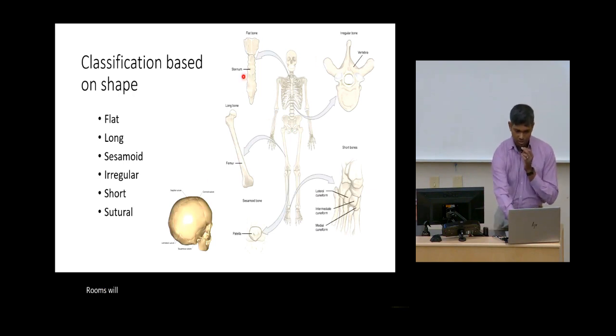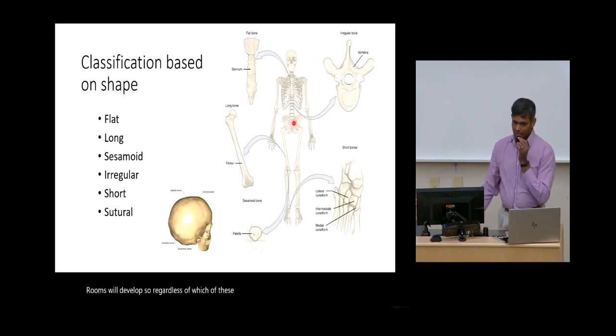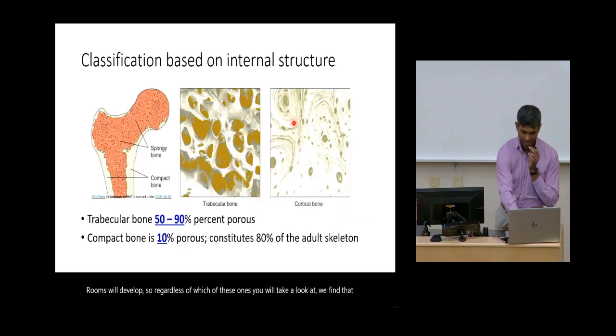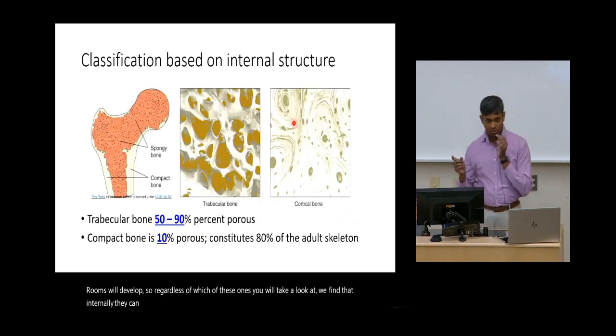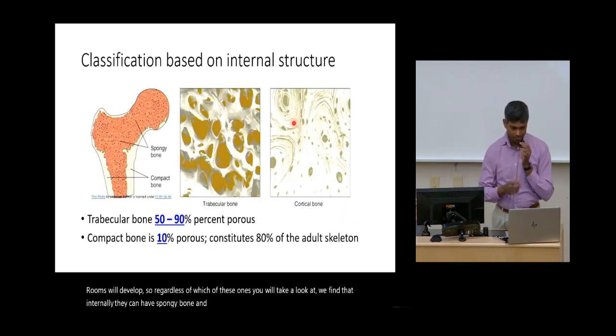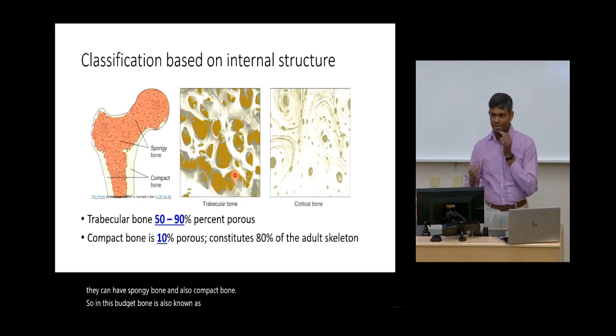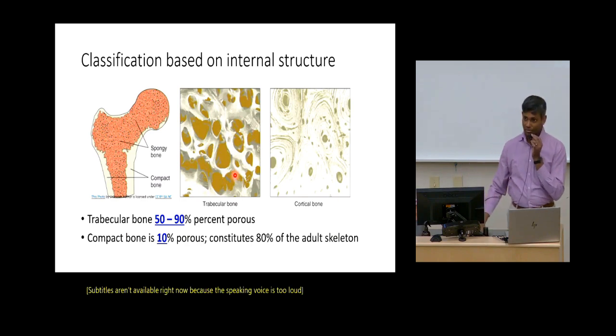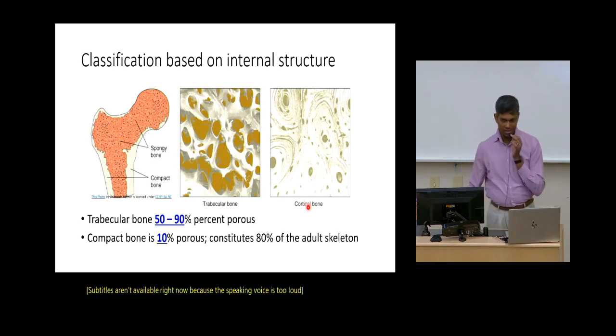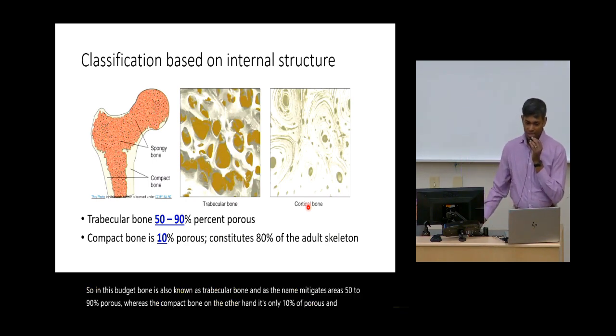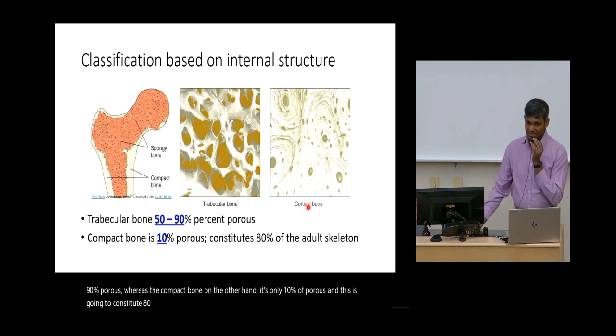Regardless of which of these bones you take a look at, we find that internally they can have spongy bone and also compact bone. The spongy bone is also known as trabecular bone, and as the name indicates, it is 50 to 90% porous, whereas the compact bone, on the other hand, is only 10% porous, and this is going to constitute 80% of the adult skeleton.